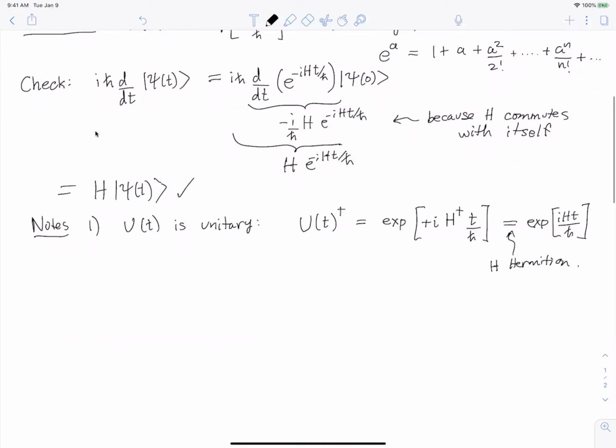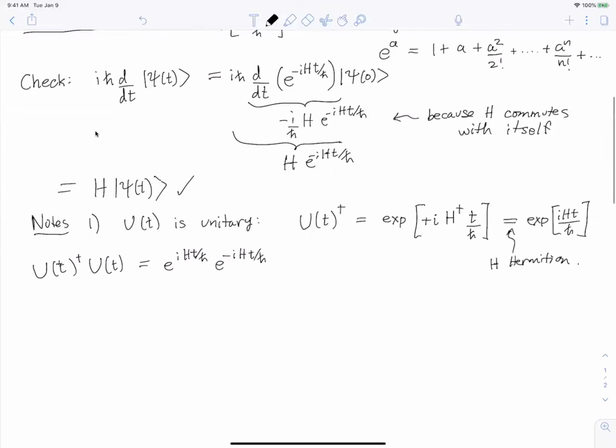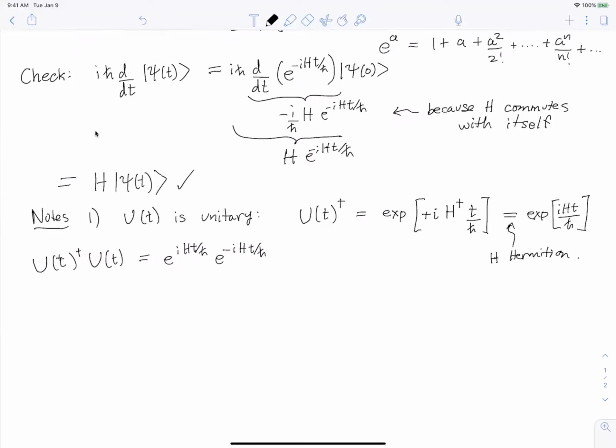Now we can check that if we take U(t) dagger U(t), that's equal to the exponential of i H t over h bar times e to the minus i H t over h bar. And because H commutes with itself, we can just pretend those are real numbers for the purposes of arithmetic.